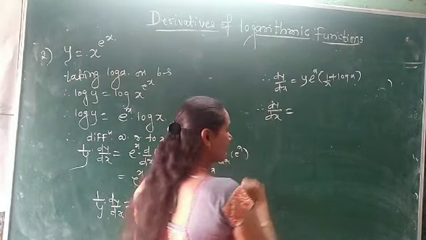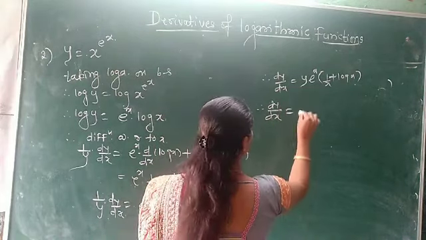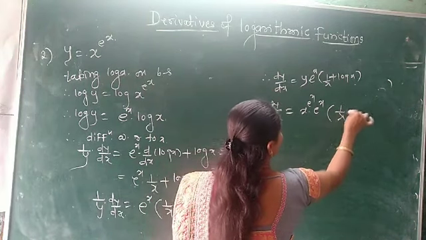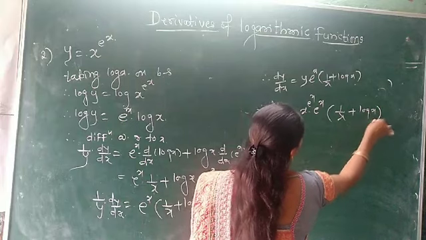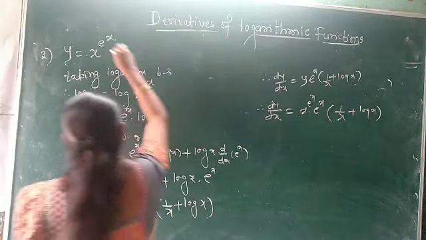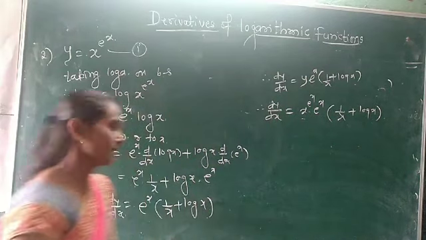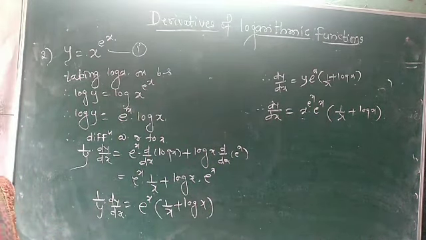So dy upon dx is equal to, put value of y, x e raised to x into e raised to x in bracket 1 upon x plus log x. So consider equation number 1 and write here from equation 1, that is dy upon dx.